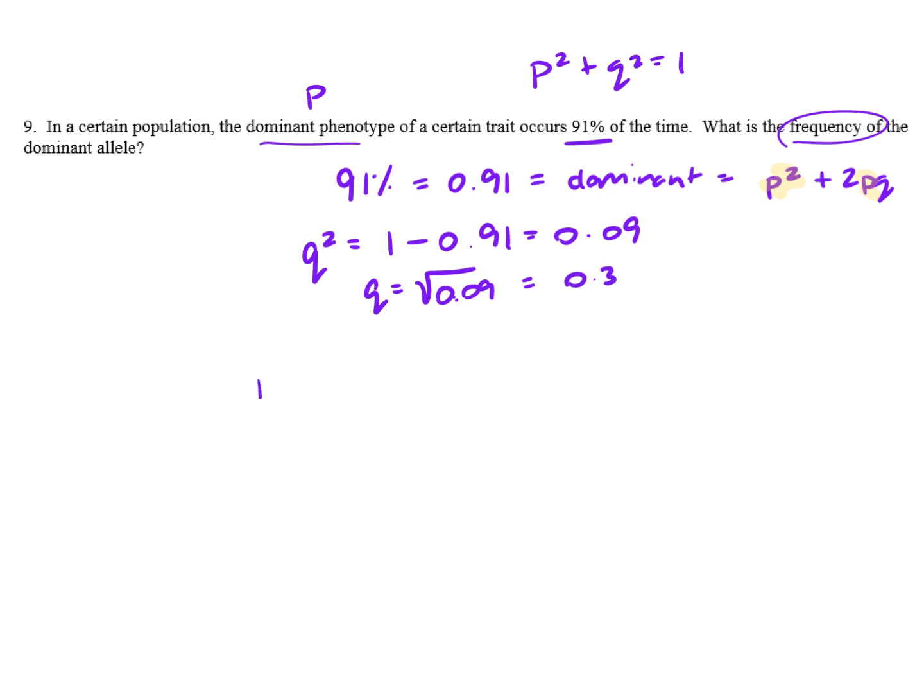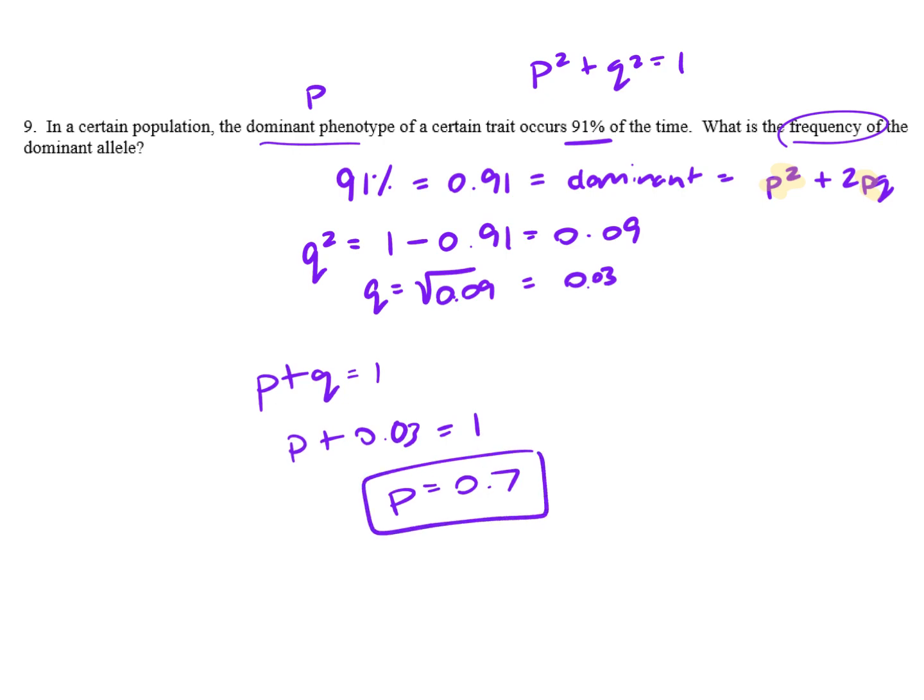And then figure out P plus Q, which is P again, it's just the straight dominant allele, not the genotype. So we can say P plus 0.3, sorry, that should be 0.3, is going to equal 1. So P is equal to 0.7. You could say 70% there if you want.